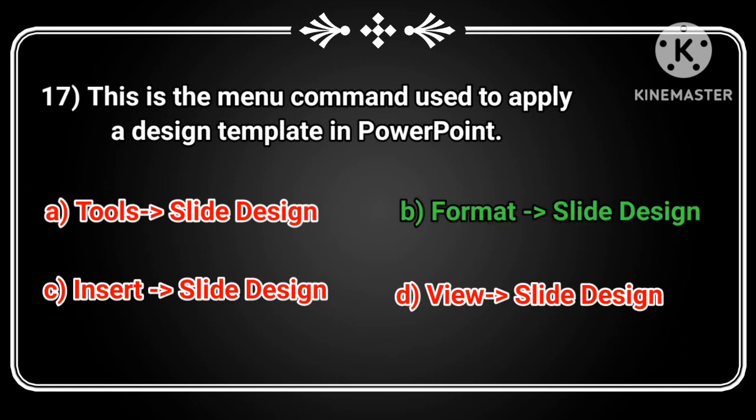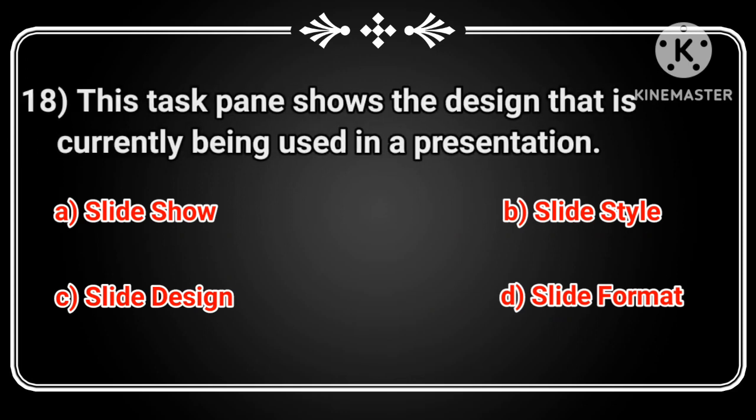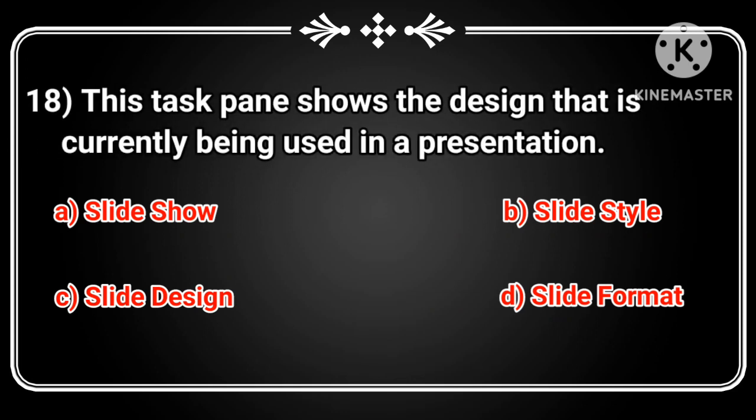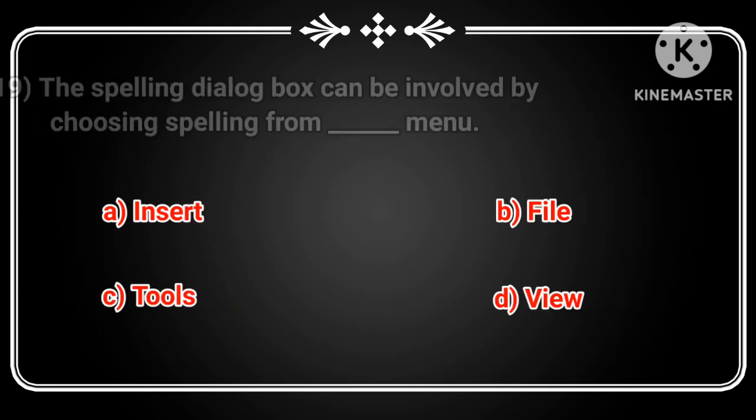This is the menu command used to apply a design template in PowerPoint: Format, then slide design. This task pane shows the design that is currently being used in a presentation: Slide design.